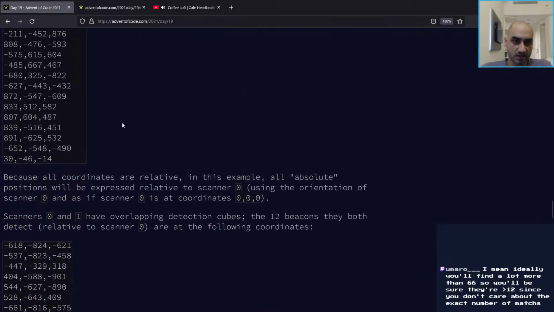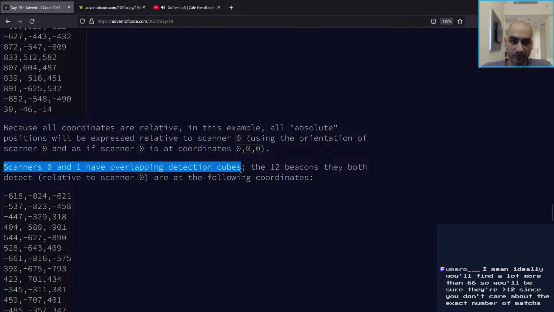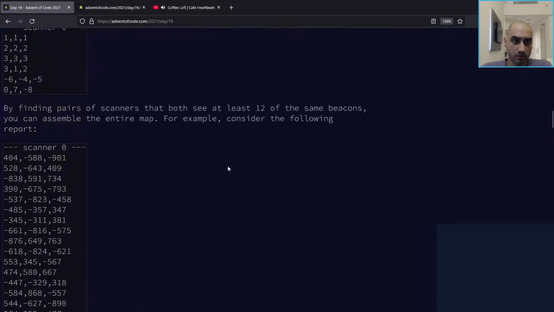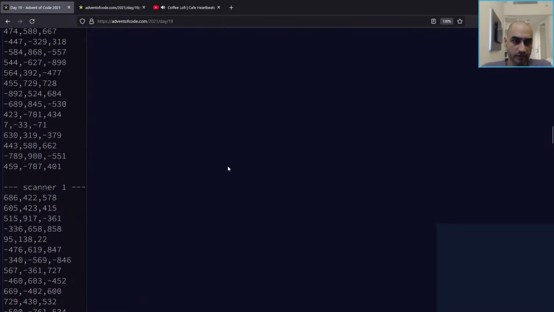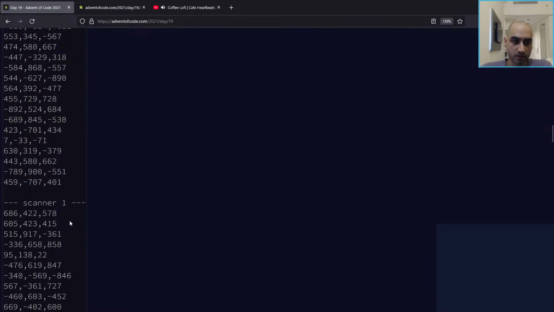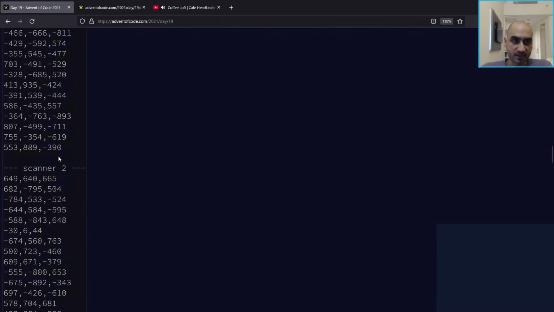Like, okay, this example. Okay, this sentence here. Scanners 0 and 1 have overlapping detection cubes. Where does that come from? How do they know that? Like, they said it's contiguous region, but that doesn't mean 0 and 1 are connected. It could mean 0 is connected to 3 and 3 is connected to 1, like in a line.